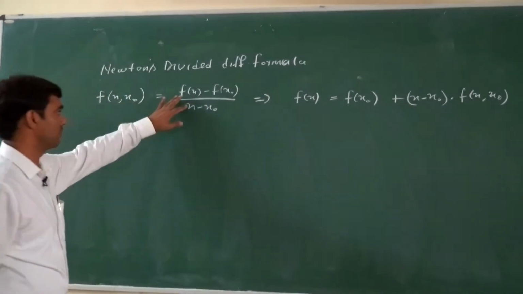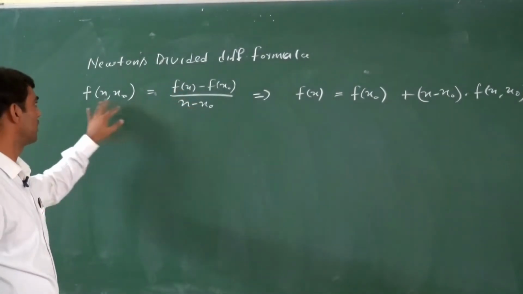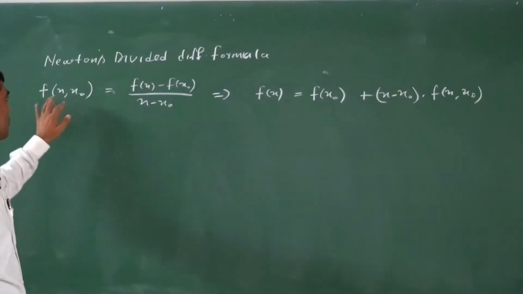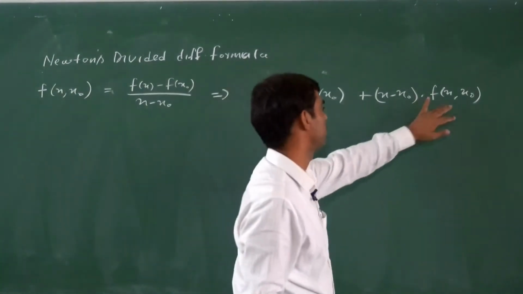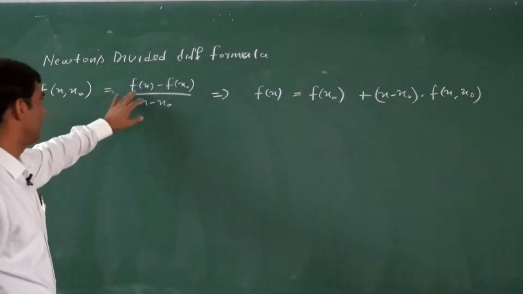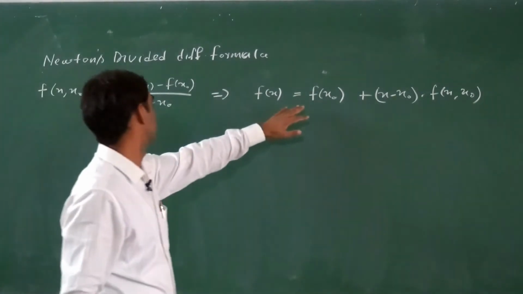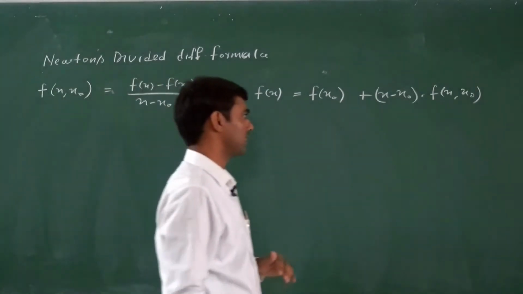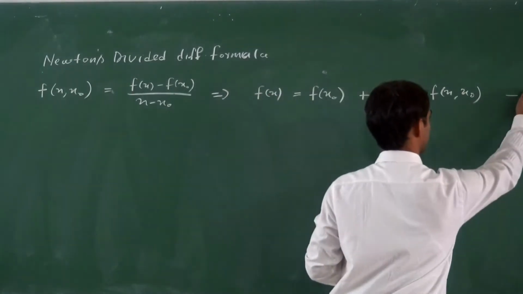So f(x) equals f of x0 plus (x minus x0) times f of x0, x1 on the right-hand side. Suppose this is equation number 1.